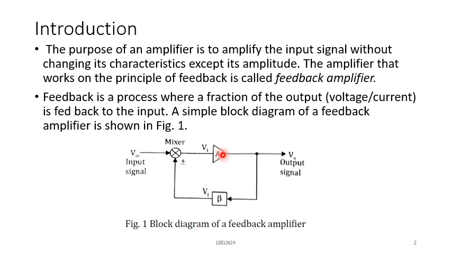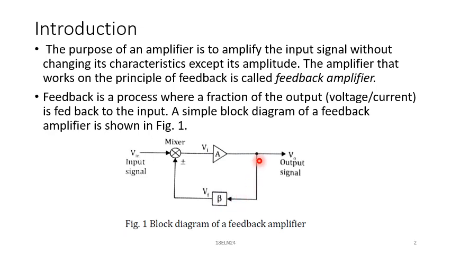Here this A indicates the amplifier gain without feedback. So the gain A is given by V0 by Vi. And with feedback, we will include this feedback network. This feedback network is generally made up of passive components like resistors, capacitors, inductors.